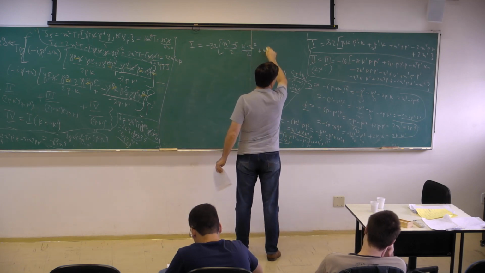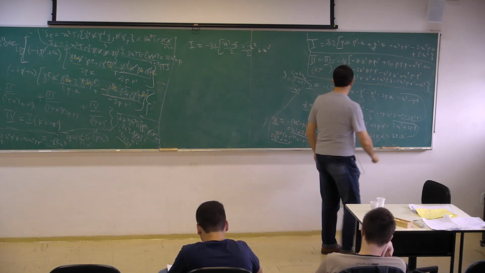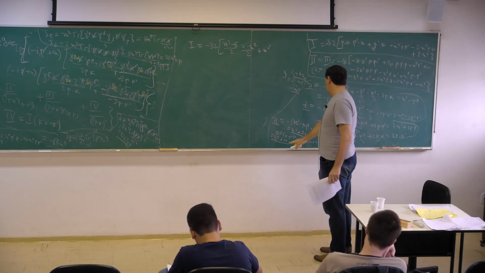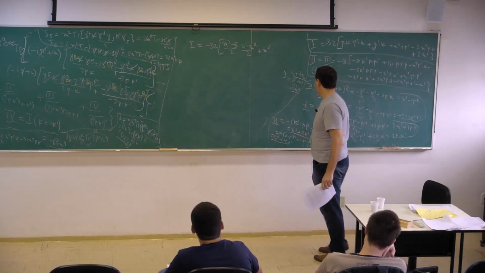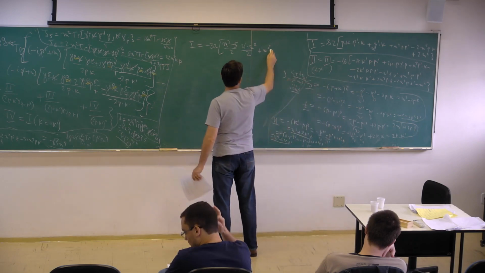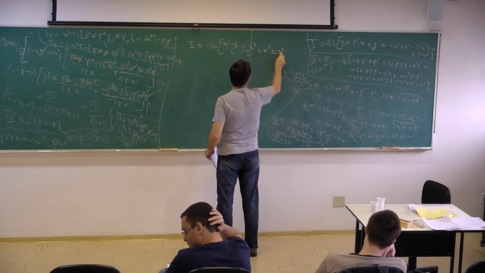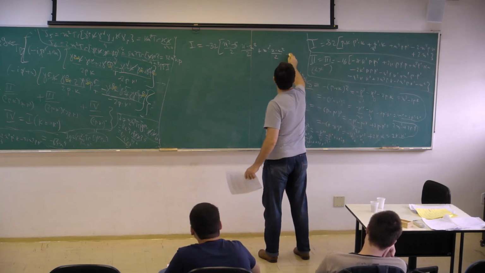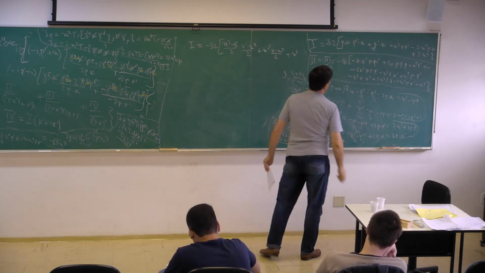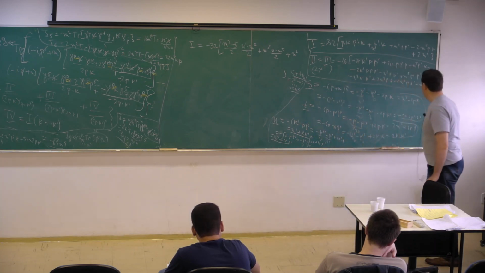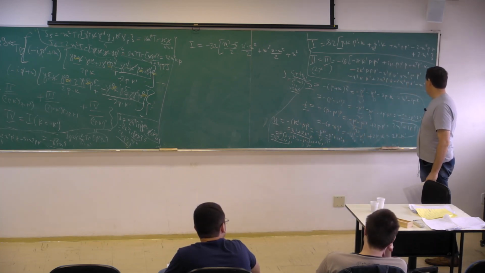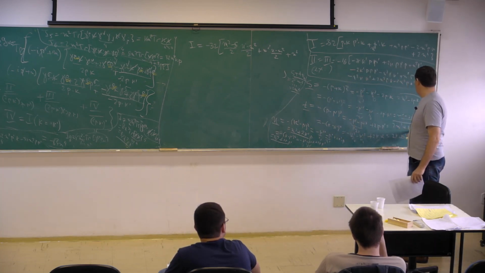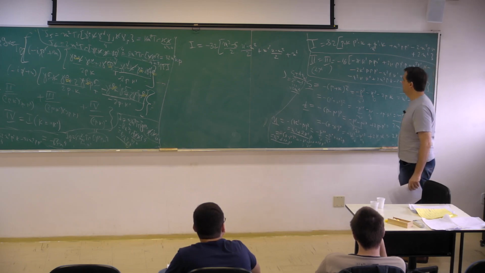Plus m squared p′·k, again (u minus m squared) over 2. Then plus m squared p·p′, which is (t minus 2m squared) over 2.